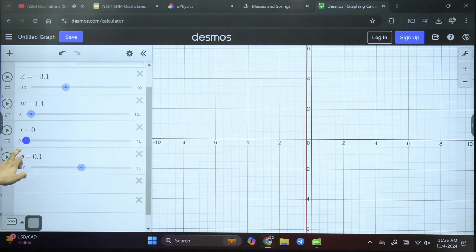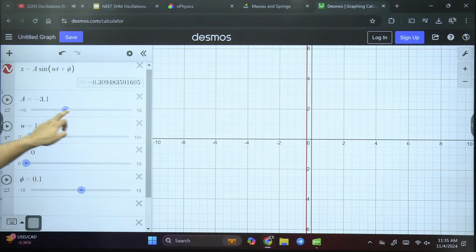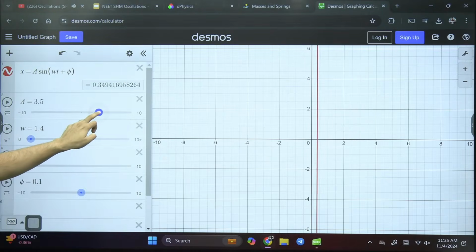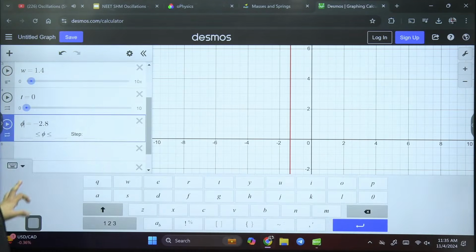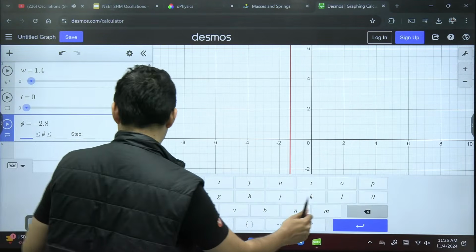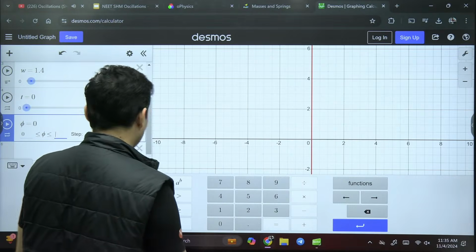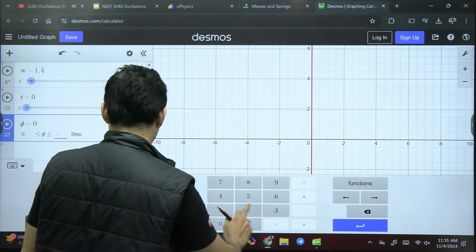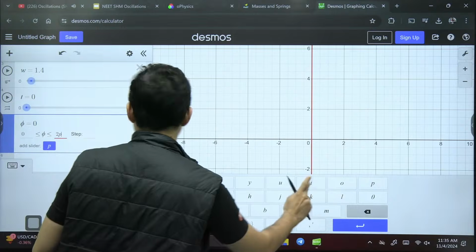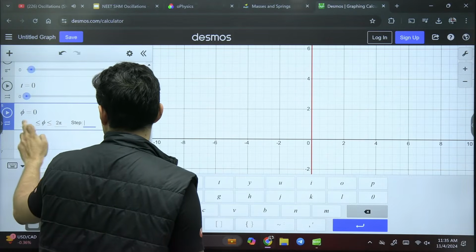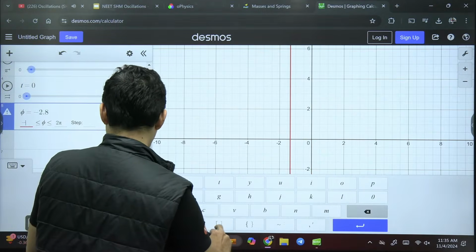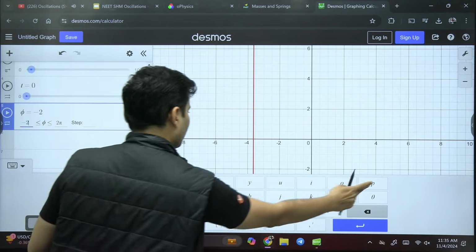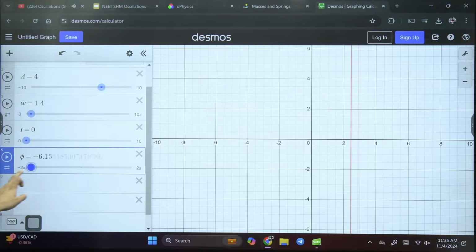So when time was 0, let's say the amplitude is some 4 meters. When time was 0, where was it exactly? Let me just set this up, just 1 second guys.